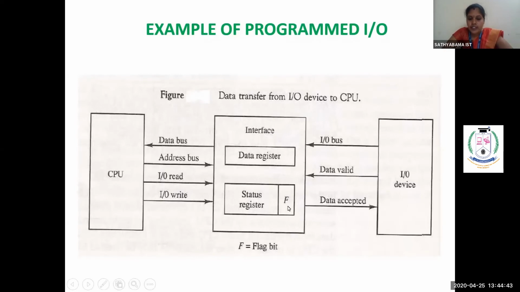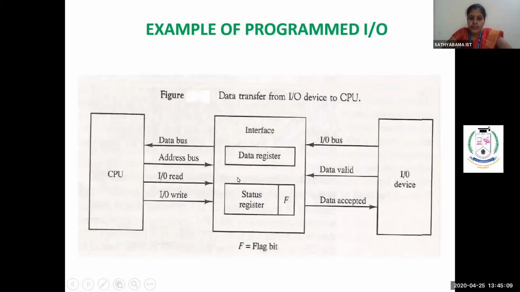If it is 1, the data accepted line will be enabled and the data valid line will be disabled. Why is it disabled? Because one more interrupt should not come. That's the reason the data valid line is disabled whenever the flag bit becomes 1.